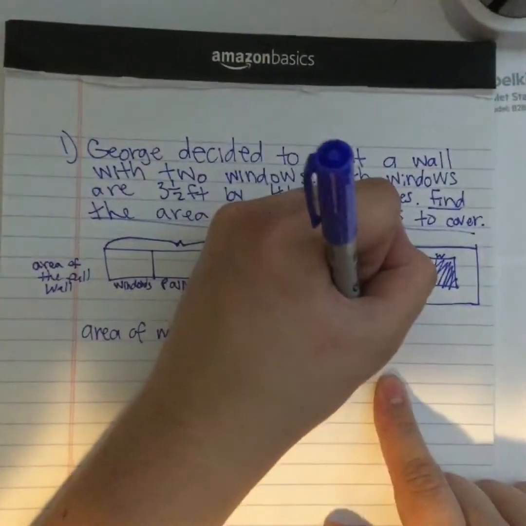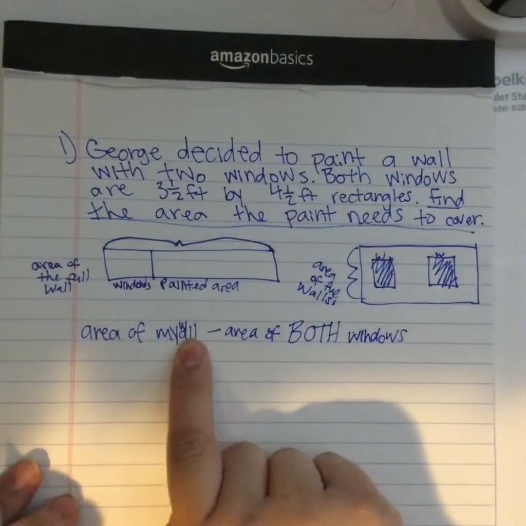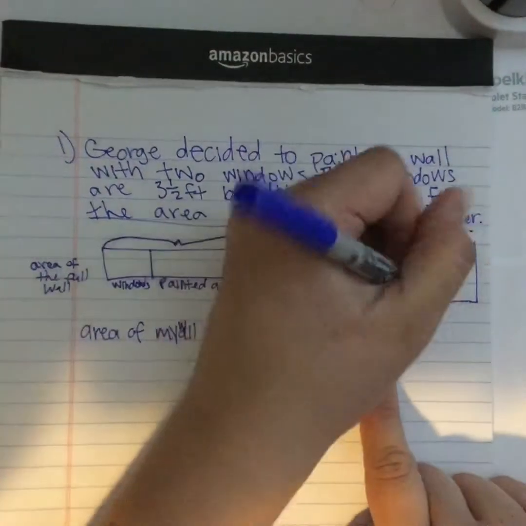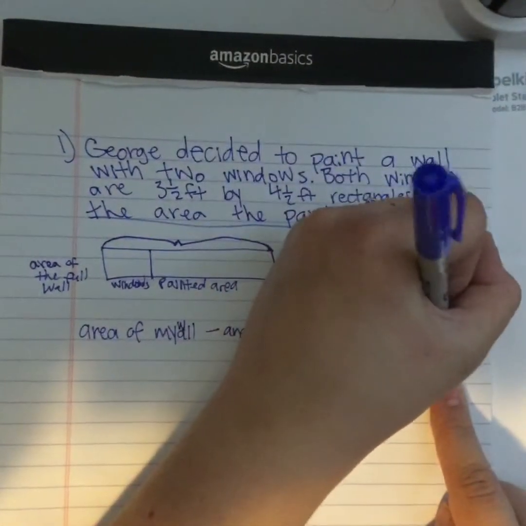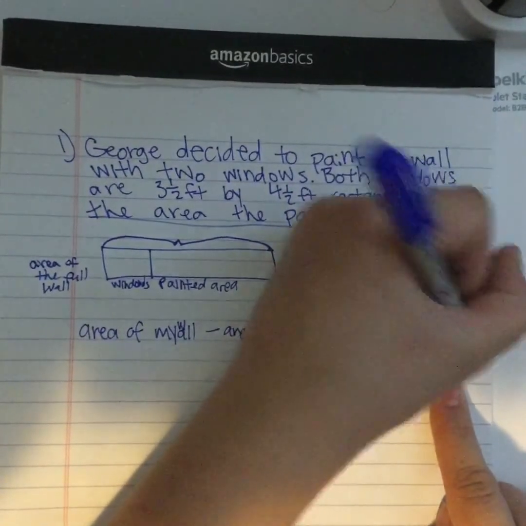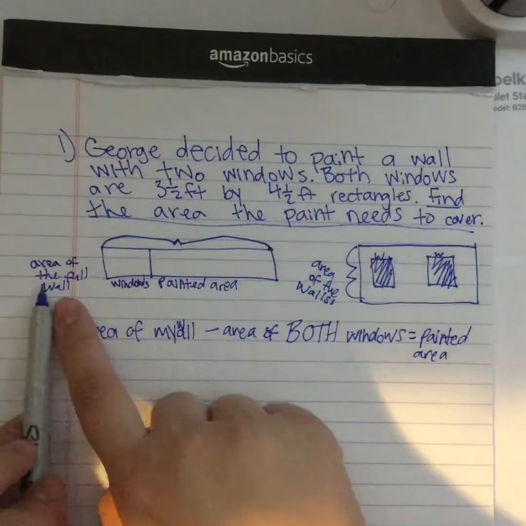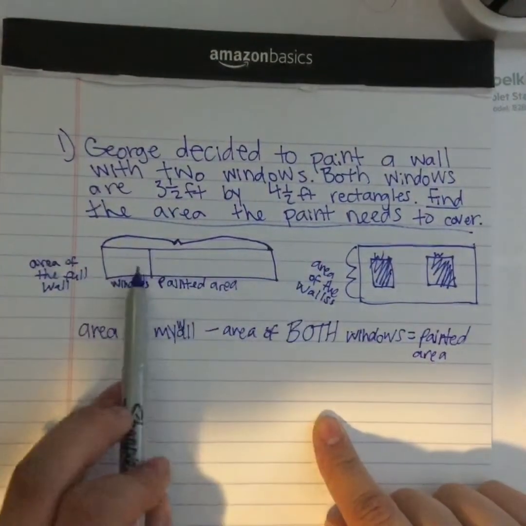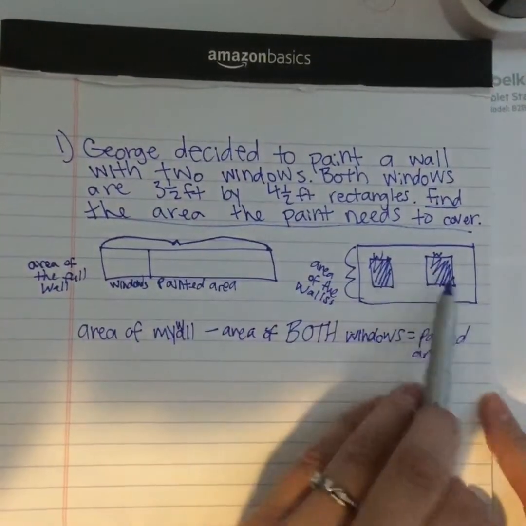So the area of my wall minus the area of both windows is going to equal that painted area. And you can look at our tape diagram to show that. The area of the whole wall minus the windows equals that painted area. Same thing in this.